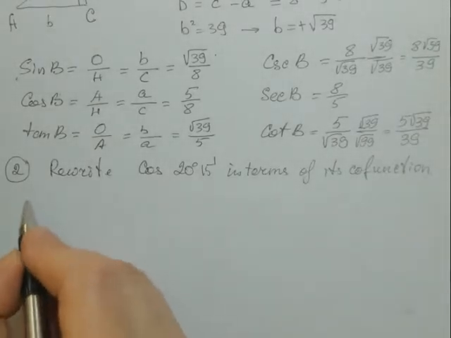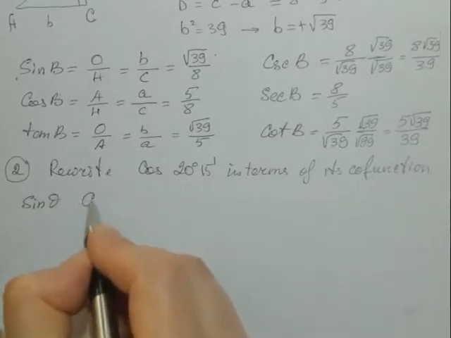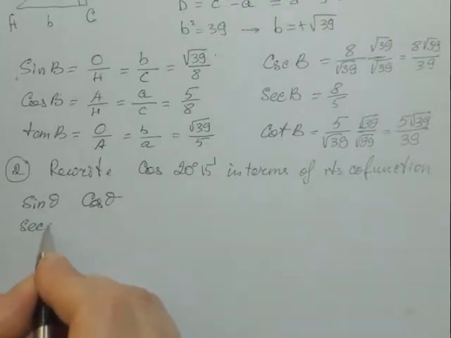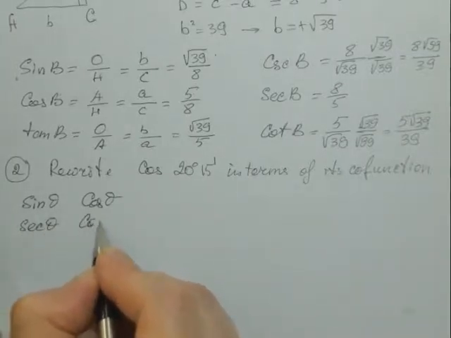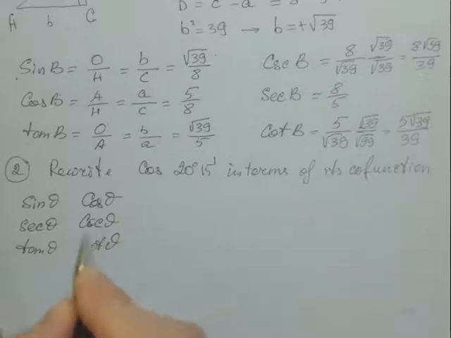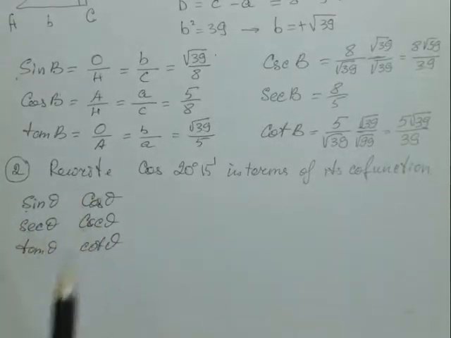So cofunctions are sine of theta and cosine of theta, secant theta and cosecant theta, tangent theta and cotangent theta. You see, sine, cosine, secant, cosecant, tangent, cotangent.